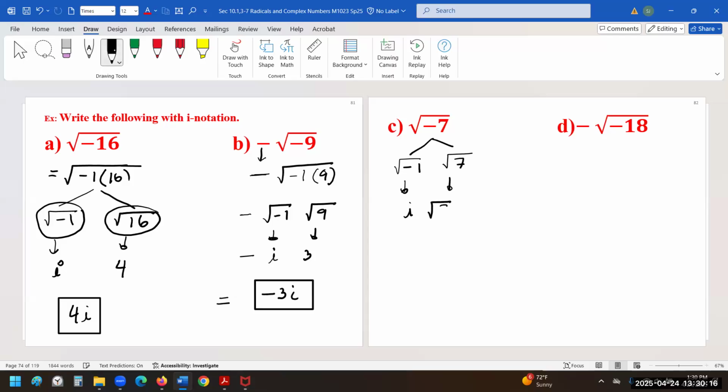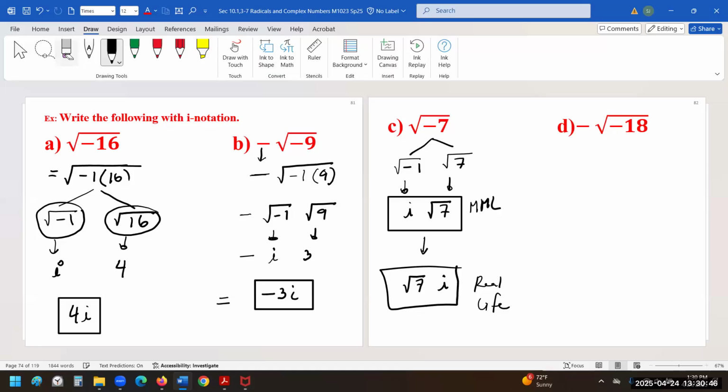Same thing, because we don't know what is square root of 7. Square root of 7. If you cannot simplify, leave it alone. If we can simplify, keep simplifying until we cannot simplify. This is what my method wants. But in real life, if you write square root of 7 and then i, it's also fine. Real life, I mean, I shouldn't say real life, my bad. I should say on paper.